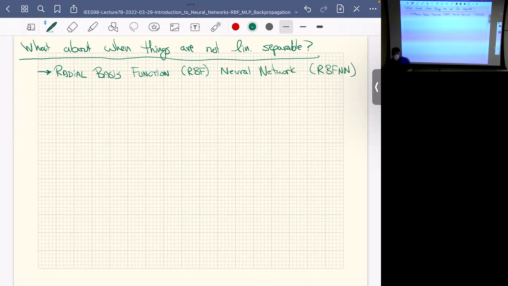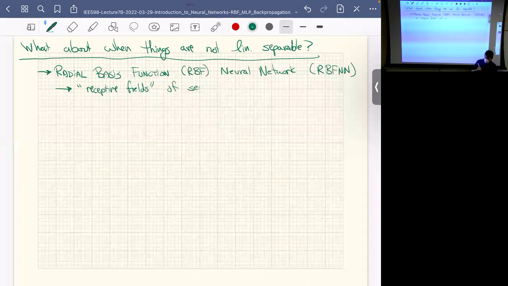This is inspired by neuroscience as well. It's the idea that there are these receptive fields of sensitivity in the nervous system.